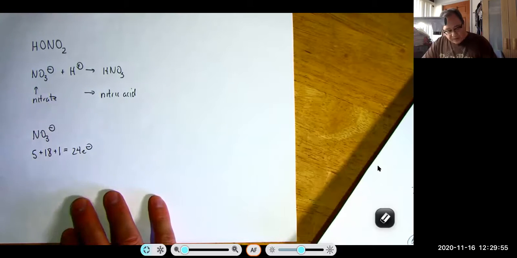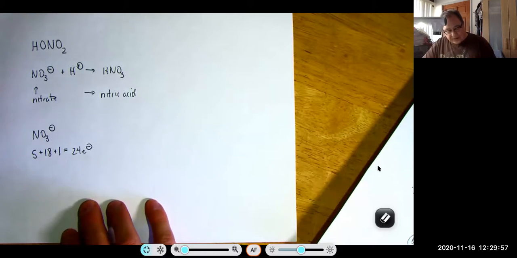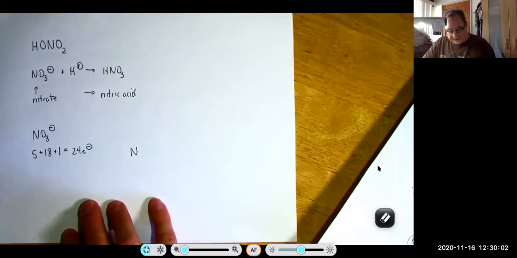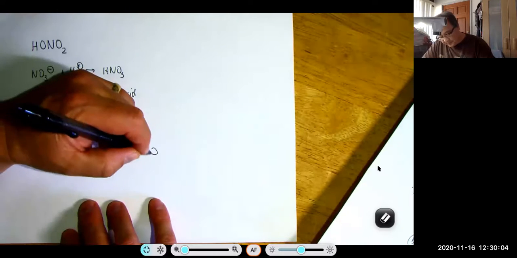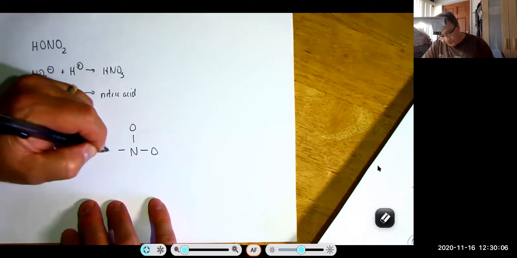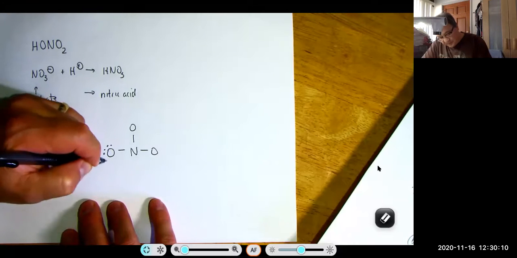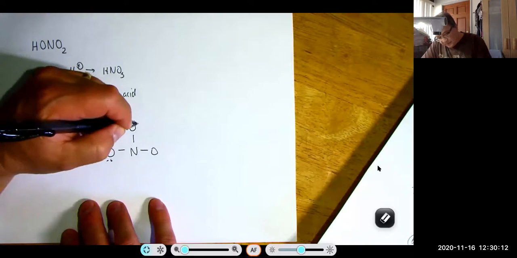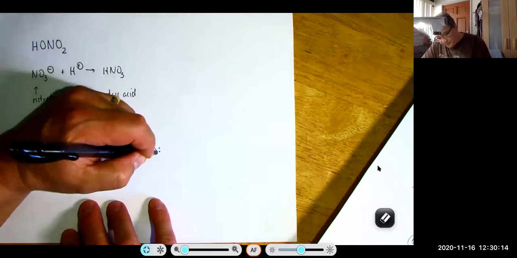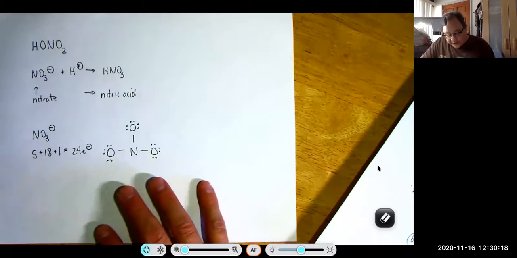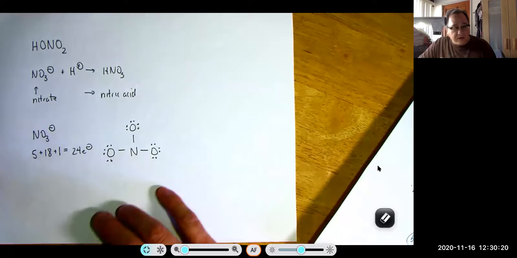Now, which of these atoms are we going to put in the center? And the answer is the nitrogen, because it tends to make 3 bonds. So that's what you get. Okay, now we've used all 24 electrons and the nitrogen does not have an octet.